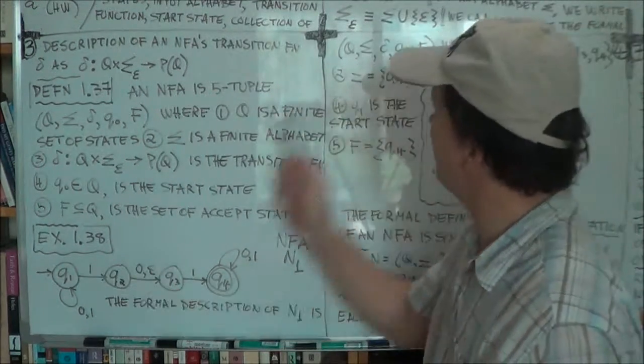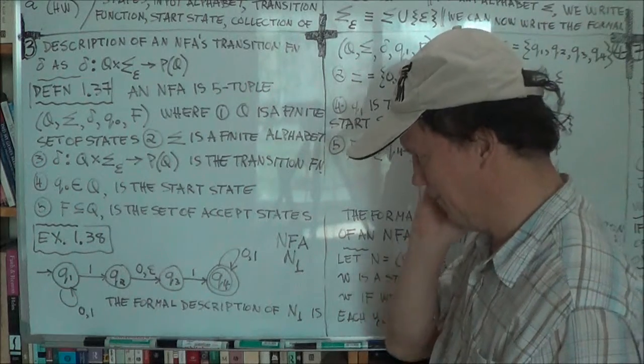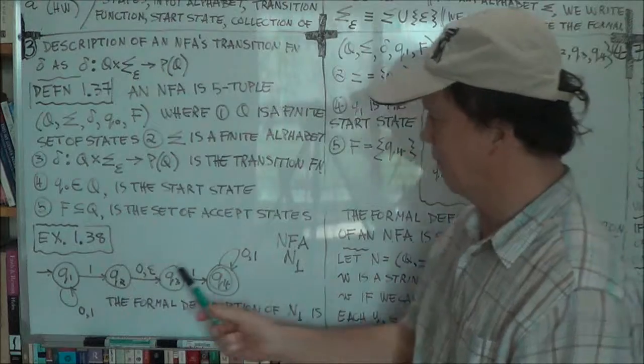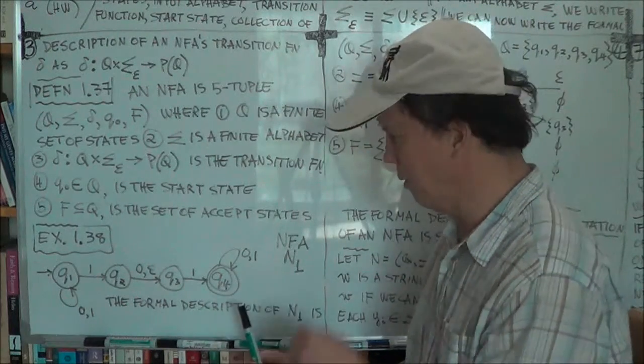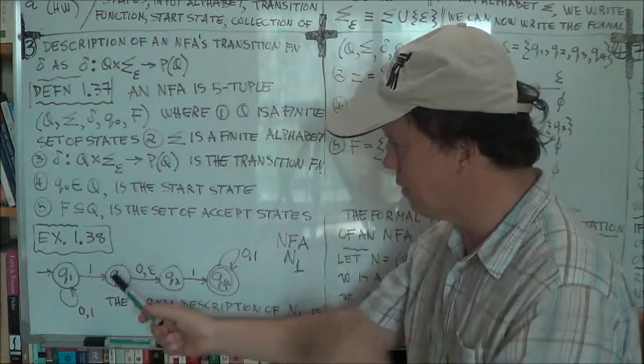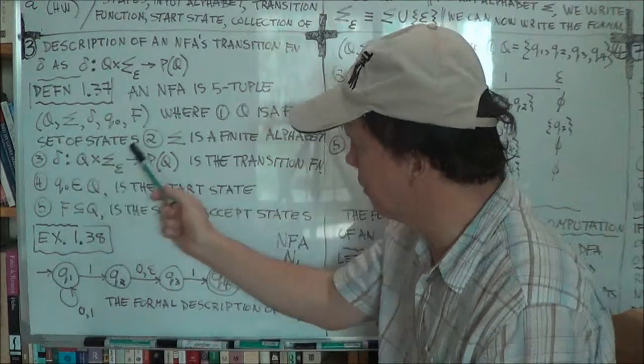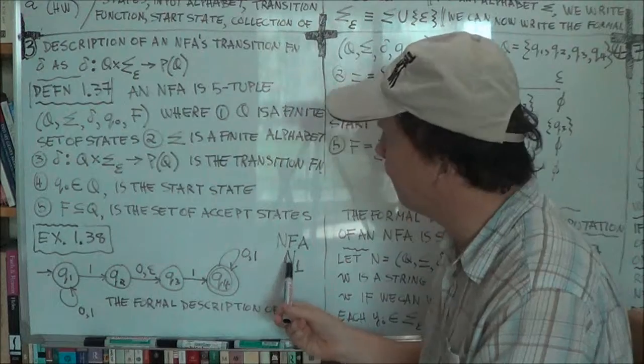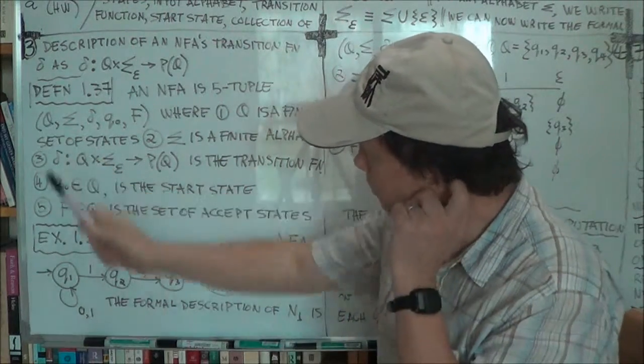You're going to need to see this, and that's going to be a bit of a problem. Well, okay. I'll stay where I am for the moment, then later switch. So now we're trying to find the formal description of this NFA N1. Okay. So Q, capital Q, the set of states.